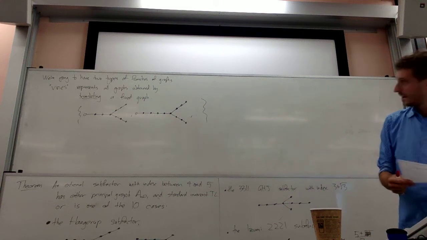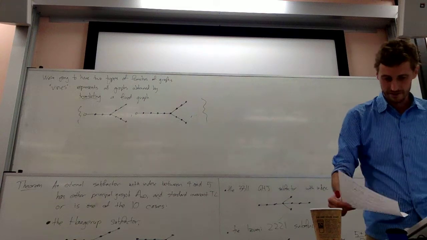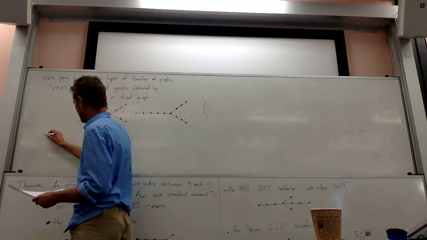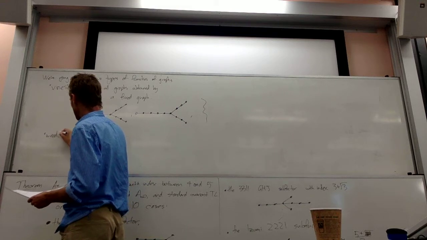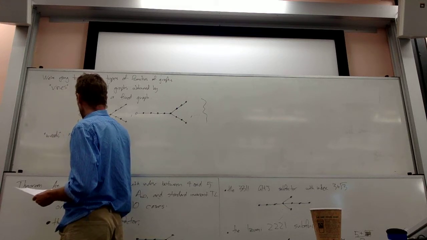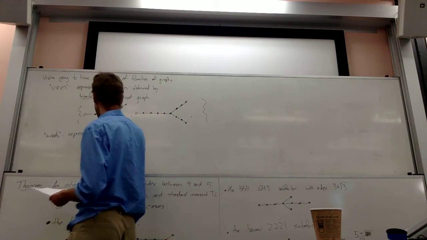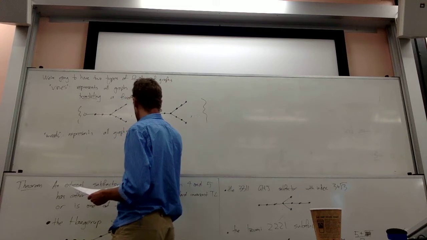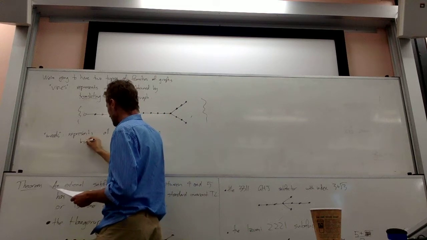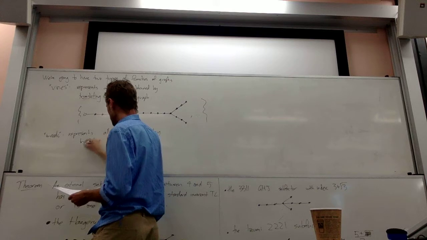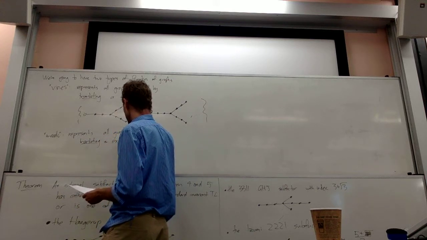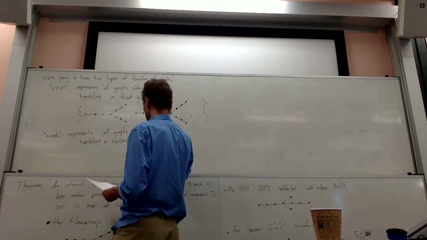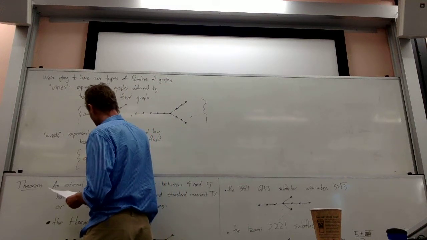Okay. Then the other family that we're going to have are these weeds, because they're much more annoying. Weeds represent all graphs obtained by translating or extending a given graph. Now, extending is a much more complicated operation than translating. So let me put an example again.